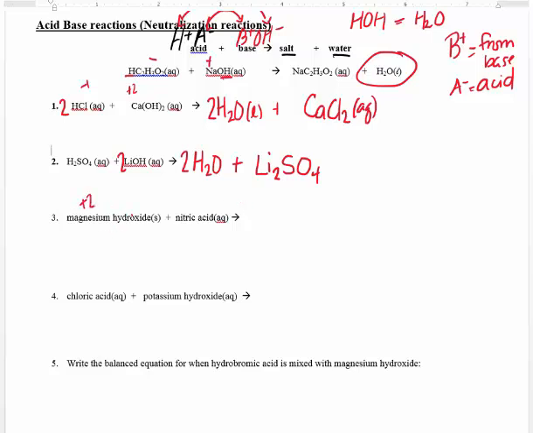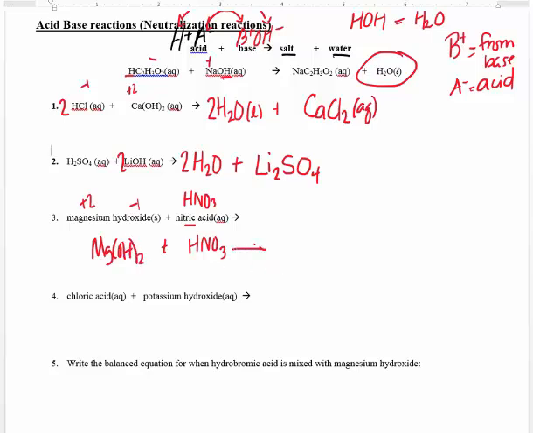Okay, now we just have to write the formulas. So we have a +2 magnesium, -1 hydroxide. Remember, nitric acid, there's no hydro, that means we have an O. Find what nitrate is. Nitrate has a -1. I'll write this down here. So we know it came from the nitrate. Magnesium hydroxide.